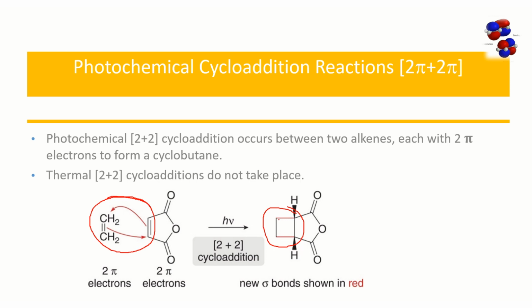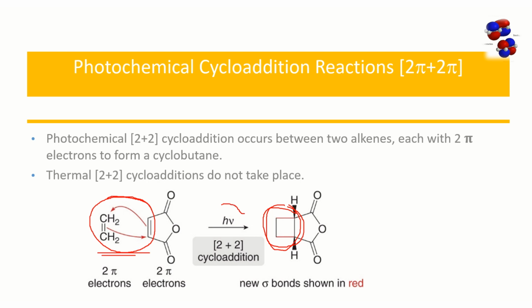By the way, you can see immediately what exactly occurred. You have 2 degrees of unsaturation on the left, and now you have just a cyclobutane ring, which is 1 degree of unsaturation on the right, hence a cycloaddition.